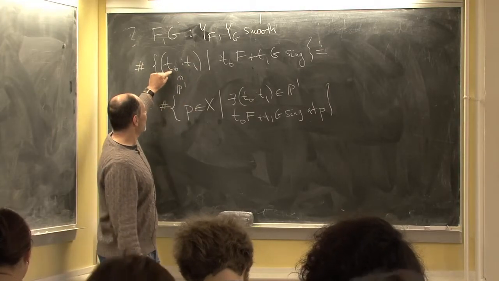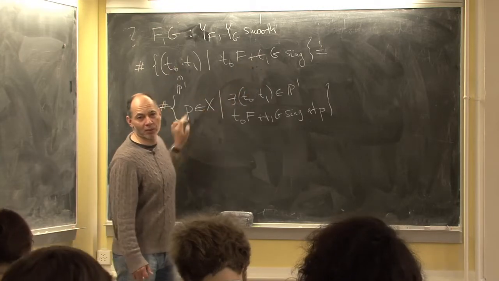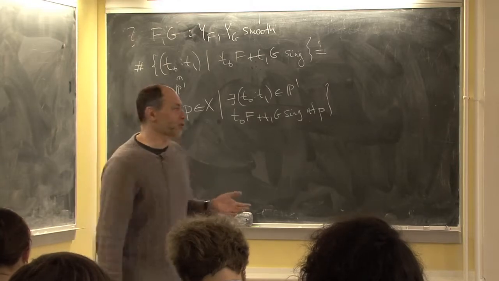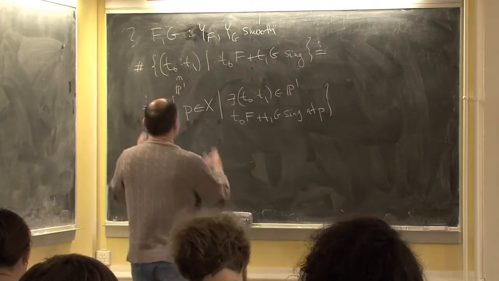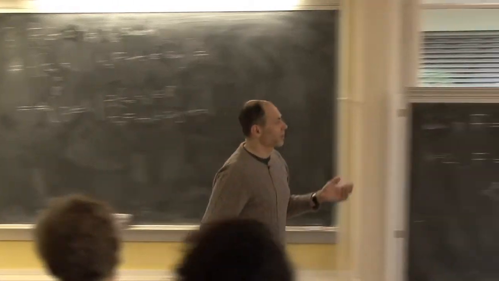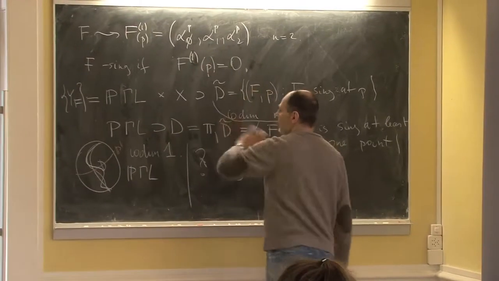Each T0, T1 here will only have one singular point, and that singular point is counted here, so these two numbers are the same. But this changes things dramatically, because now I'm calculating really some intersection theory in X, which is in a sense much simpler.